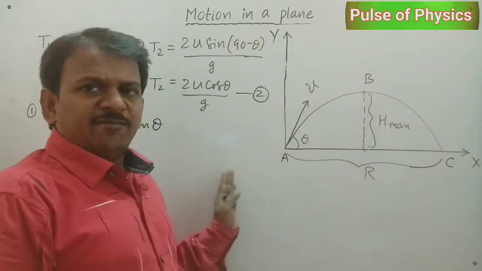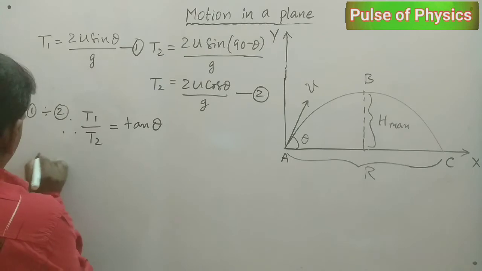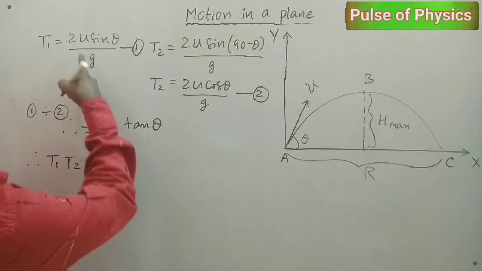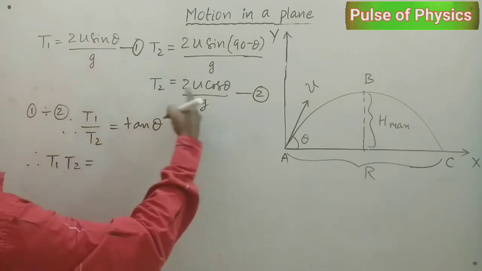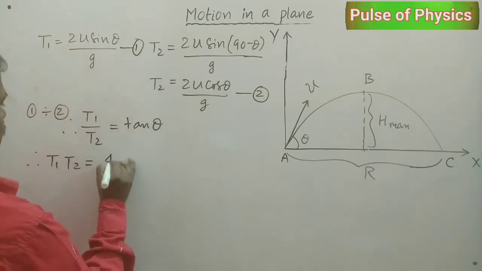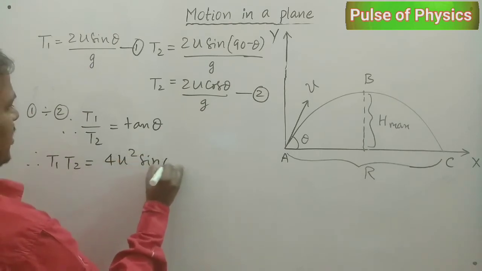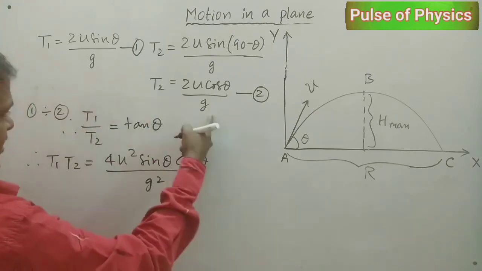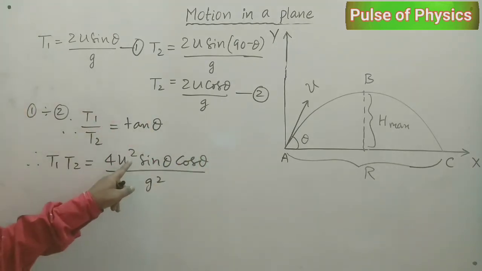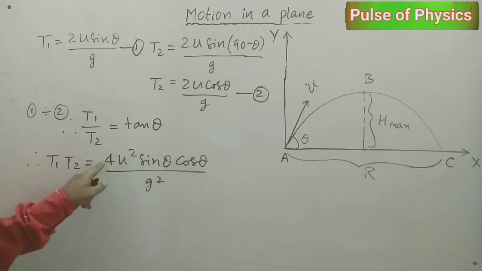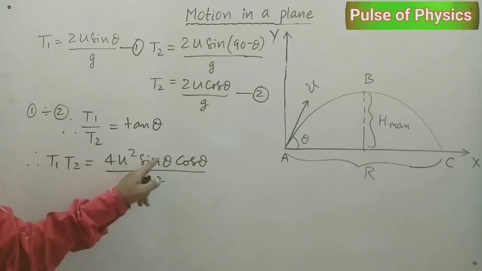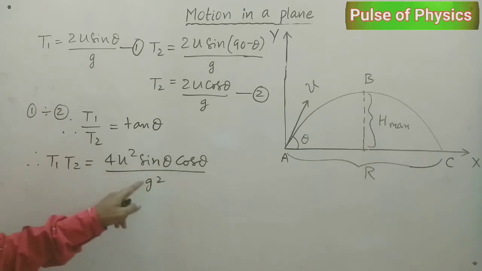Find T1 into T2. What we will get? Therefore, T1 into T2 is 2u sin theta by g into 2u cos theta by g, which is 4u square sin theta cos theta by g square. Now you see that u square sin 2 theta, then we can write this 2 into 2, then we will get u square sin 2 theta by g.